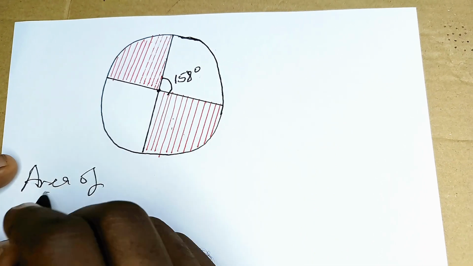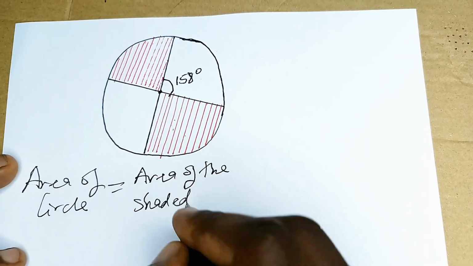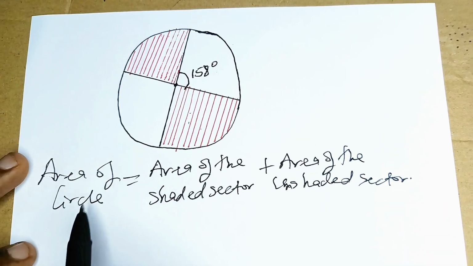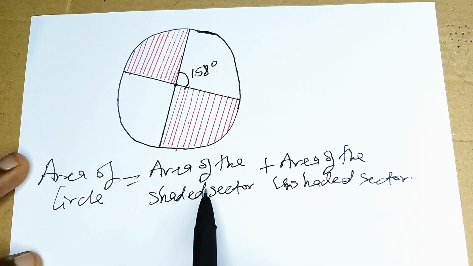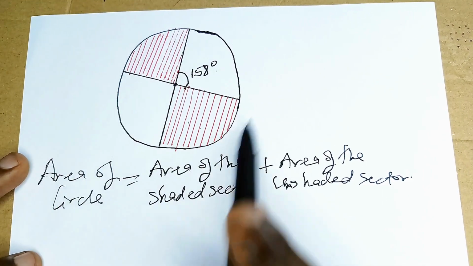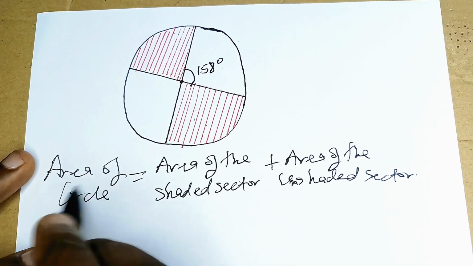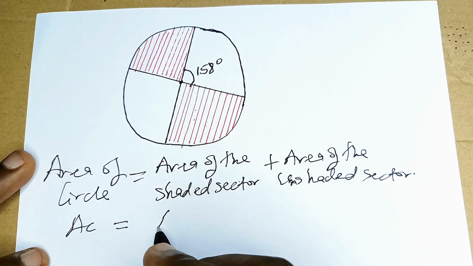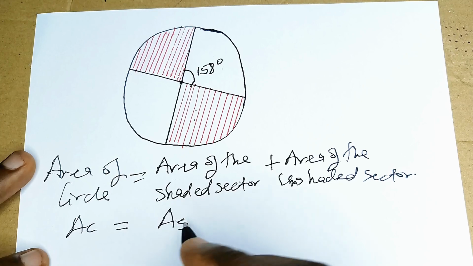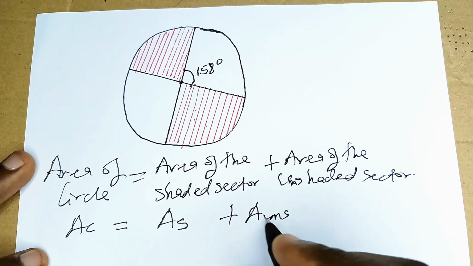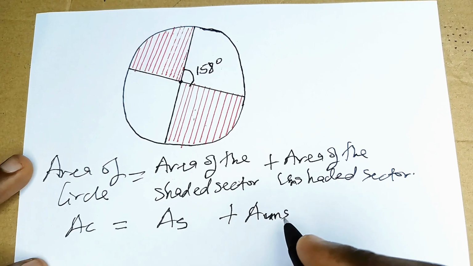Because the area of the circle is equal to the area of the shaded sector plus the area of the unshaded, that gives a circle. So let's shorten area of circle as AC, which is equal to AS, the area of shaded, plus AUNS, the area of unshaded.